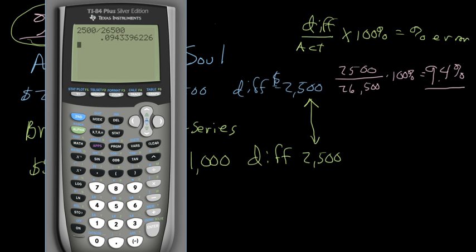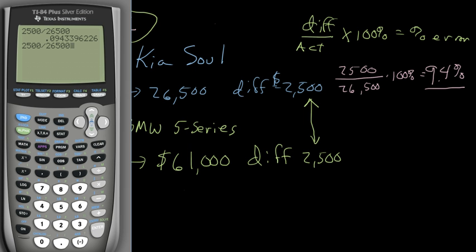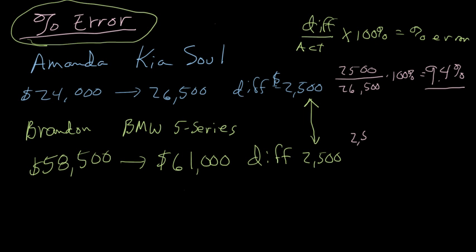Brandon's error, on the other hand, take a look. We can do that same second enter, bring the same thing back, only we're going to put the new price, which is $61,000. So 2,500 over 61,000 times 100% equals.